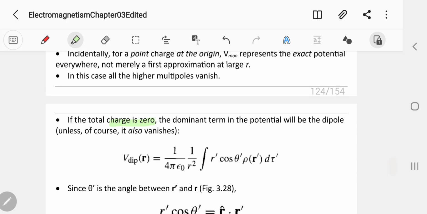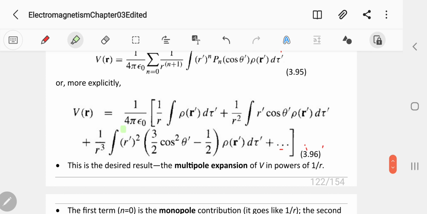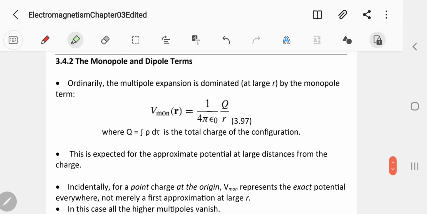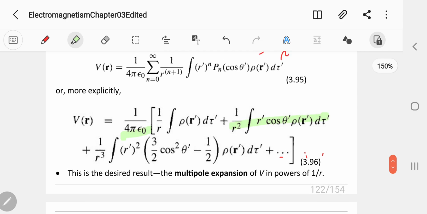This one, the second term here. This one here would be 0, but this one will not be 0.